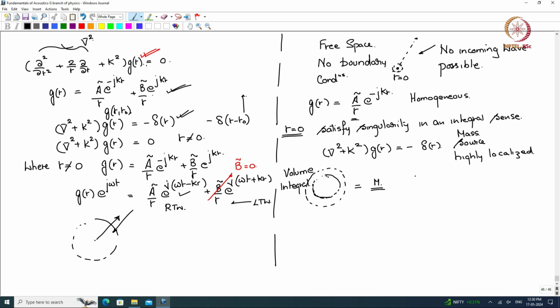Now if the volume is reduced, then obviously my mass will decrease. But what I will do is, with a reduced volume, I will increase the strength of the density, mass per unit volume of the source, such that when I now integrate over this smaller volume, I still get the same mass.